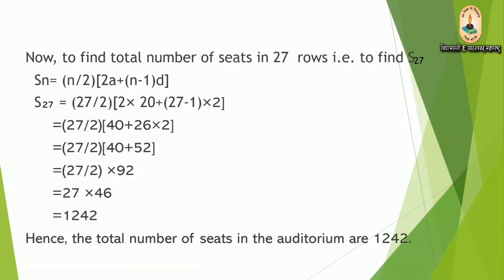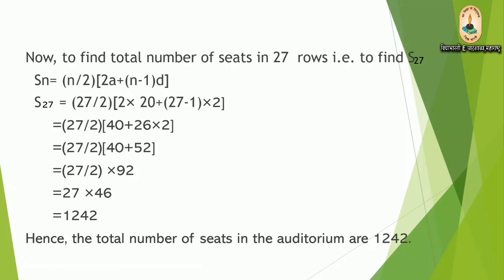Now, to find total number of seats in 27 rows, that is to find S27. First we write the formula of Sn. Sn is equal to n by 2 in bracket 2a plus n minus 1 into d.